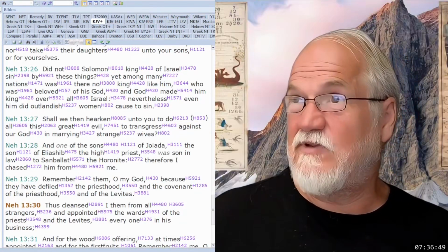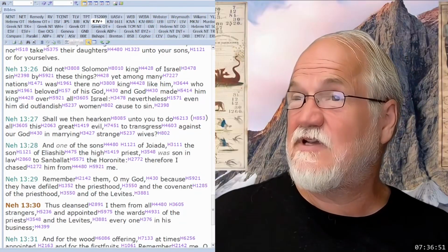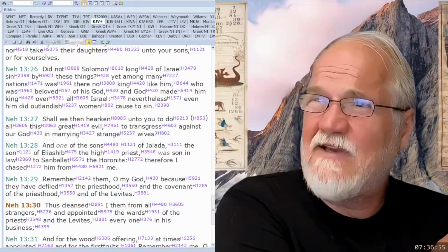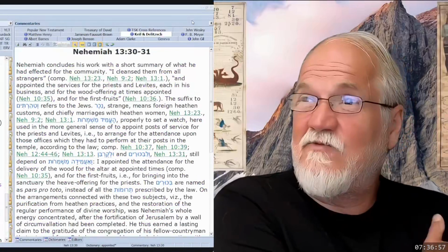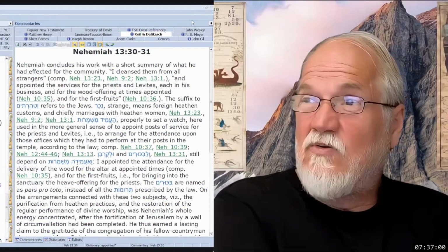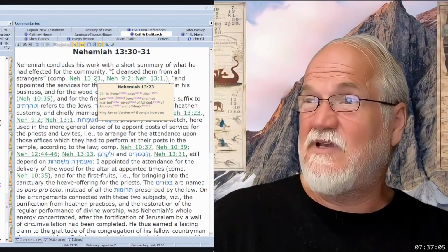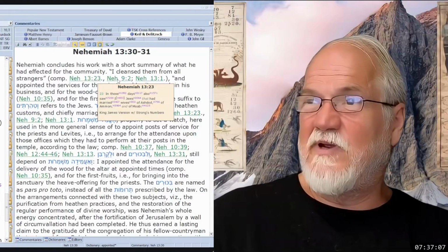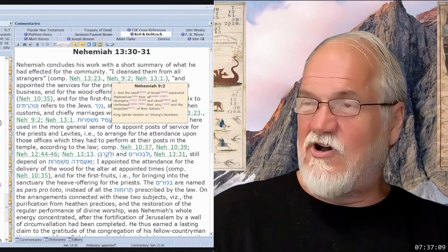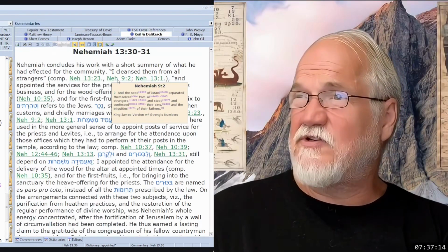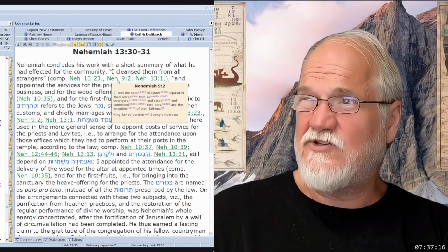Okay, so here's what Keil and Delitzsch say. "Nehemiah concludes his work with a short summary of what he had effected for the community. 'I cleansed them from all strangers.'" It says compare with Nehemiah 13:23, where these people are married to women of Ashdod, Moab, and Ammon, and Ezra 9:2, "the seed of all Israel separated themselves from all strangers."